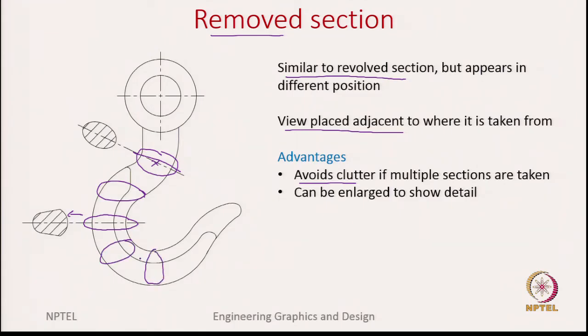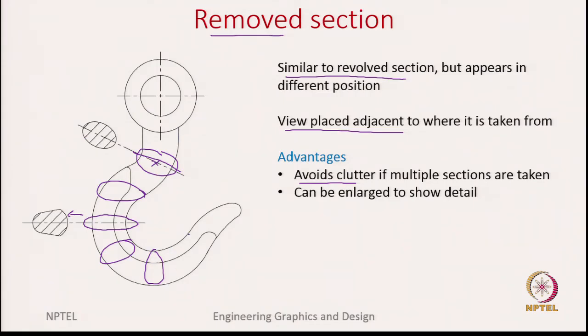Then suddenly this drawing becomes very complicated. We do not want to have these complex drawings, we need to make it simple. So, moving these sections a little away and placing them adjacent to the view helps you to make the drawing look simple and neat.